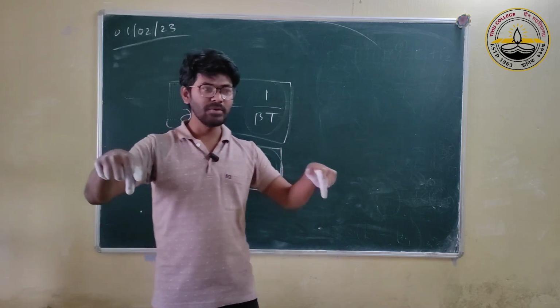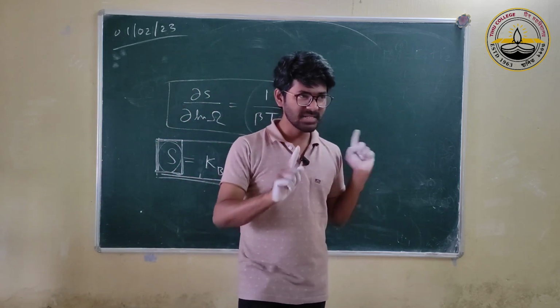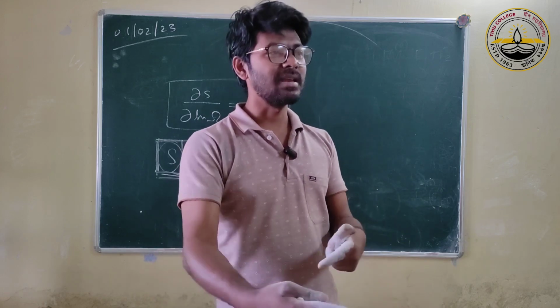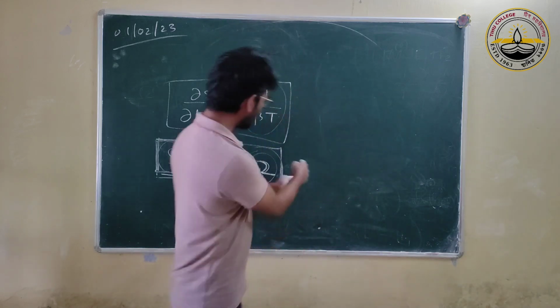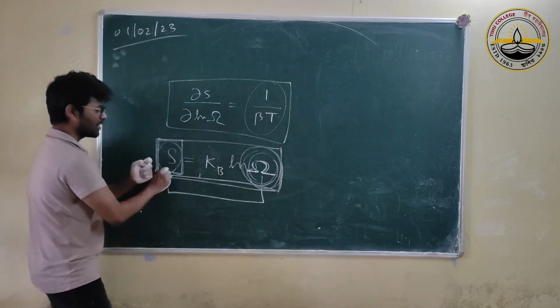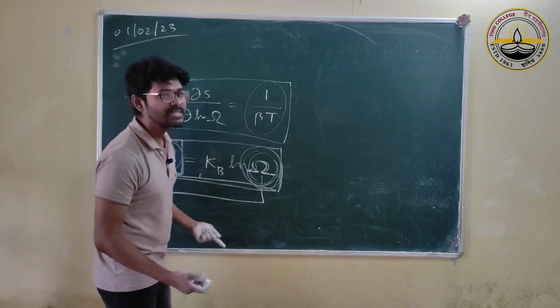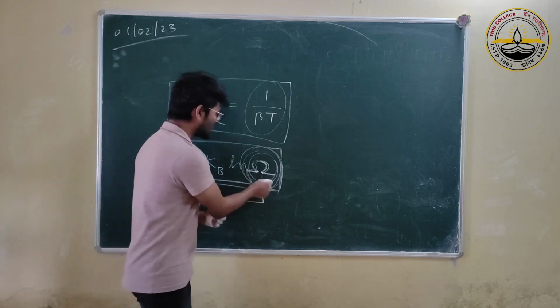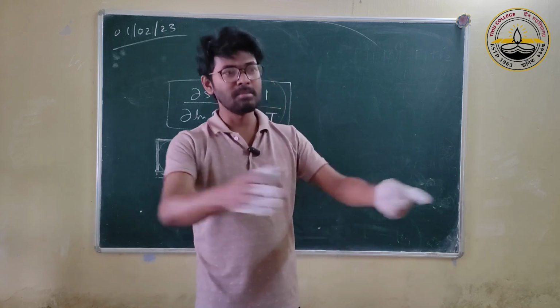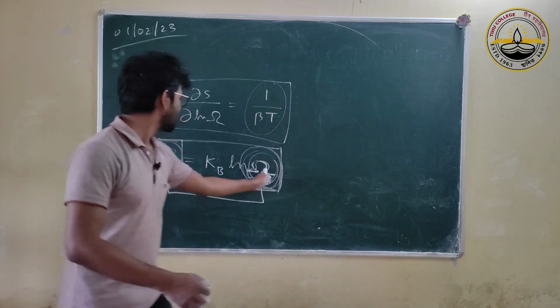That's what is going on with the universe. The universe is moving towards the most probable state, the probability higher. And here we see that this probability is connected with entropy. So what we can say is disorganized means more probable state, more number of microstates. And that is related to entropy.